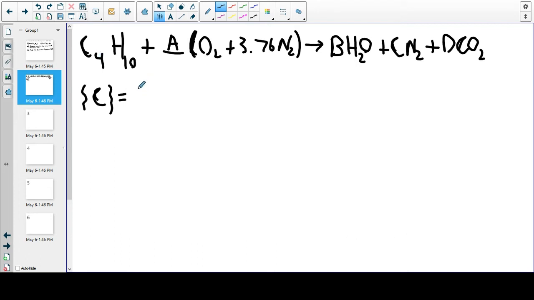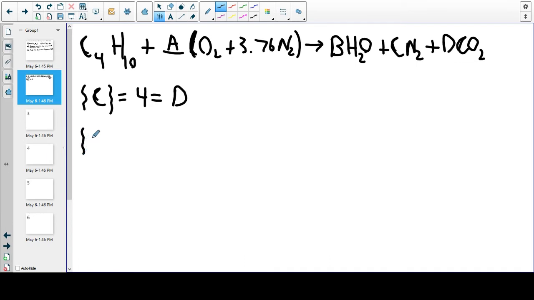So we have 4 in the fuel, and this has to be equal to the amount on the other side. And on the other side, there are no carbons here. There are no carbons here, but there are carbons here. We have D number of carbons, right? Because D times this C has to be the number of carbons over here. So it is just equal to a singular D. So obviously we have 4 is equal to D.